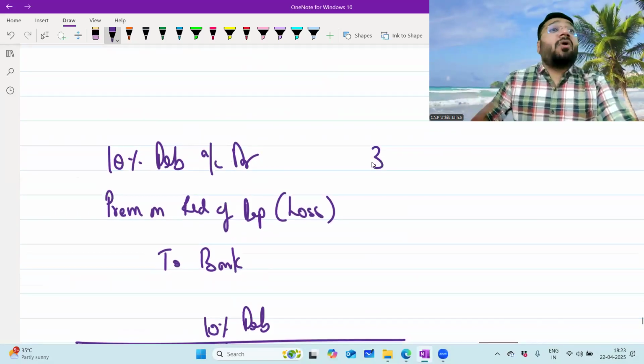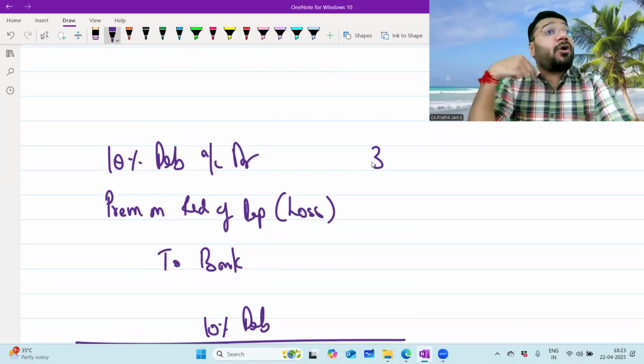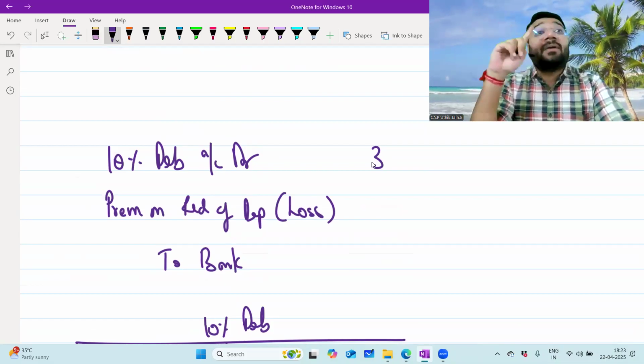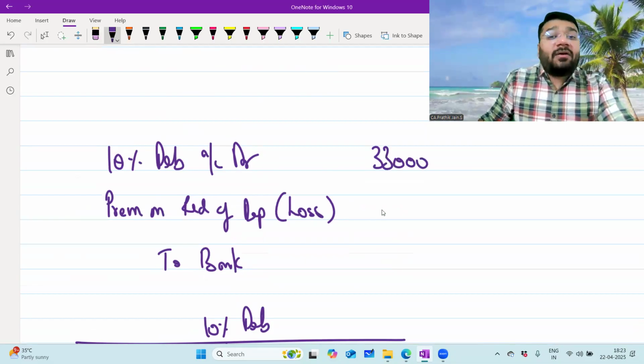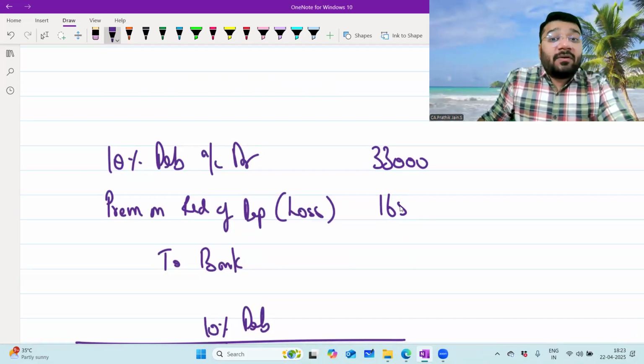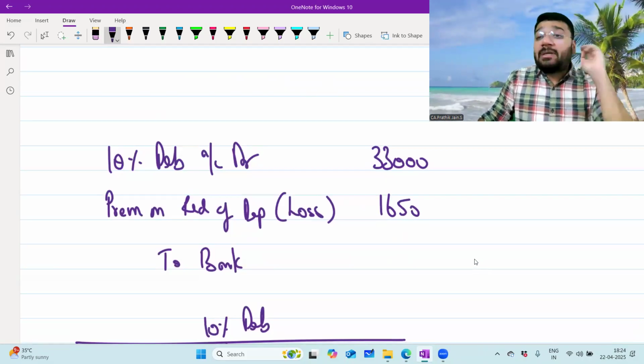In debenture, we always record the face value. So when we record face value, we redeem also at face value. So from debenture, only the face value will be adjusted. 33,000 is the face value. Now on that, 5% premium is how much? 1650.